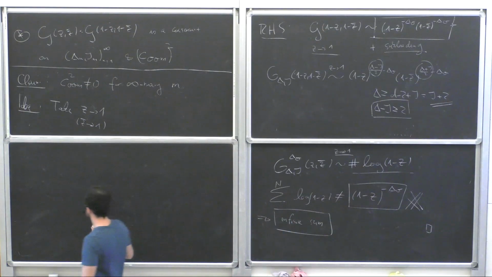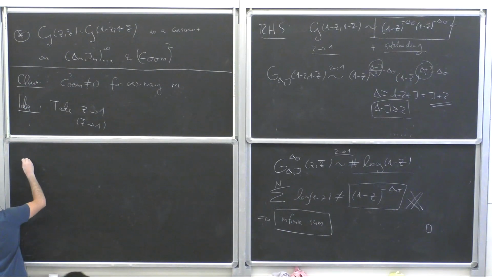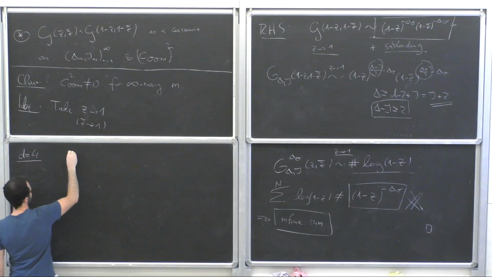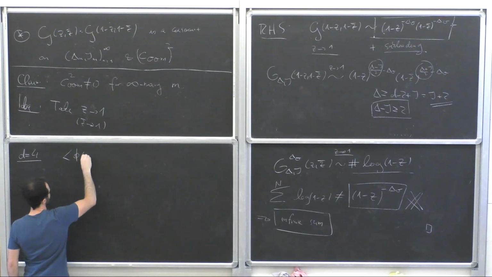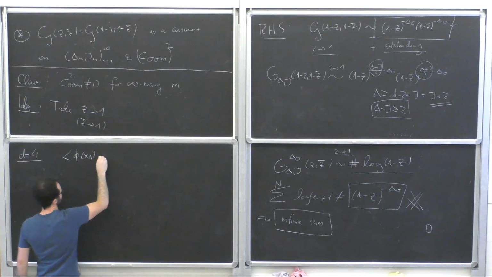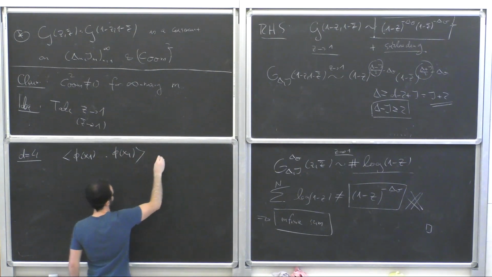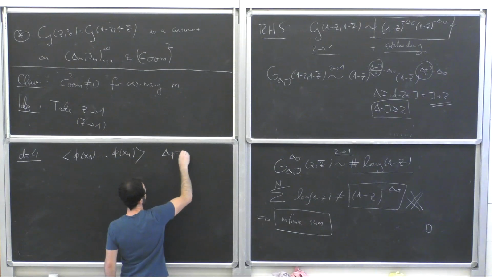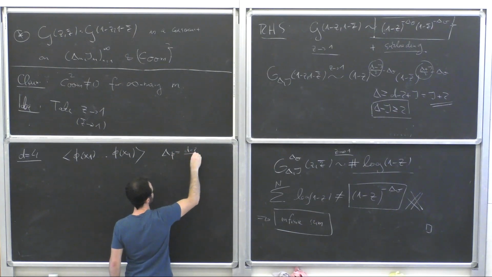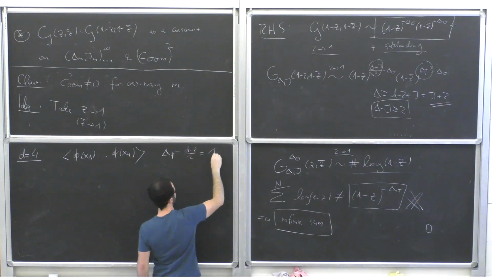Okay, so we are still in d equal 4. And let's consider the 4-point function of the free field. So now O became phi, and as you know, delta phi is (d minus 2)/2, which is 1 in 4 dimensions.